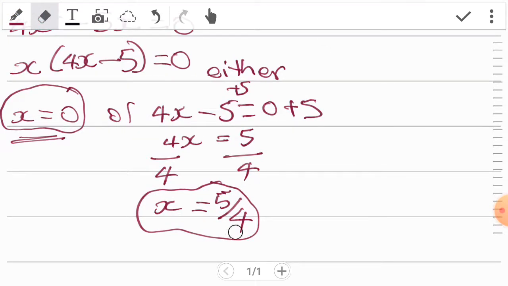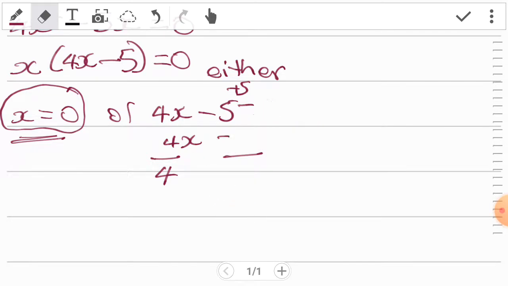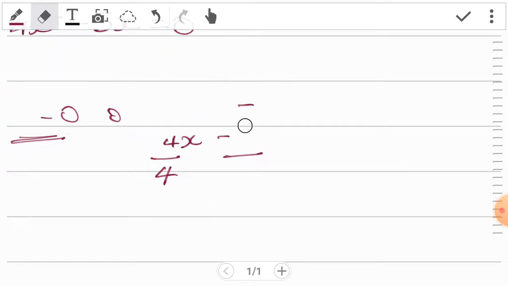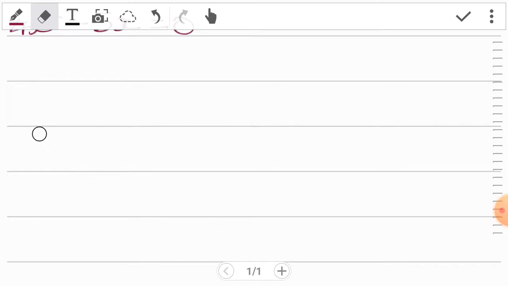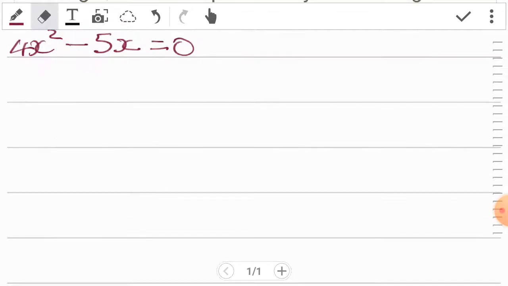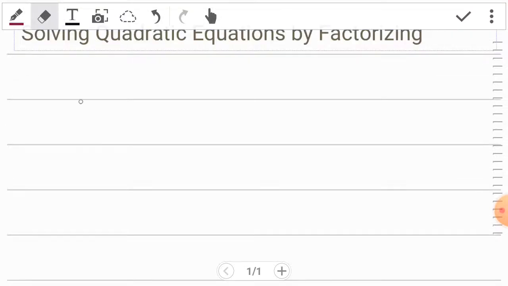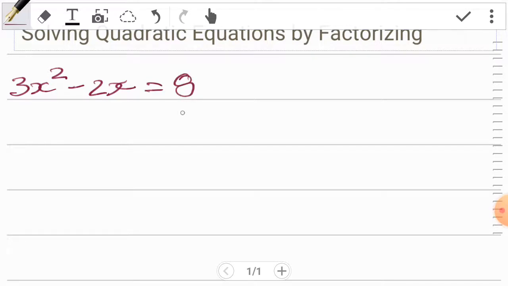Let's look at another example. All right, in this other example that we're going to be doing, let us say we have a case where we have 3x squared minus 2x is equal to 8.